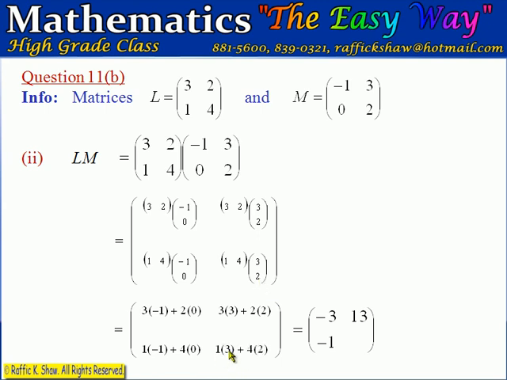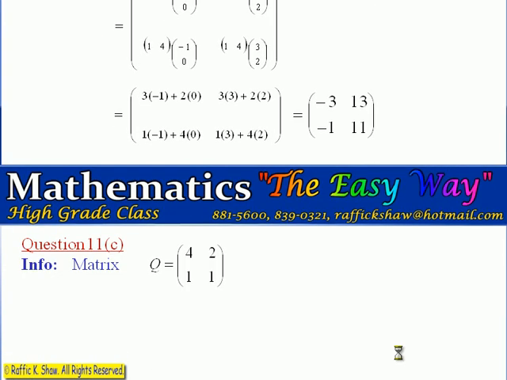So let's show that, 1 multiplied by 3 plus 4 multiplied by 2. And when we do this calculation, that's 3 plus 8. The result here is 11. And so the product of the two matrices, L multiplied by M, the result is negative 3, 13, negative 1, 11. And that's the answer for question 11B, part 2.